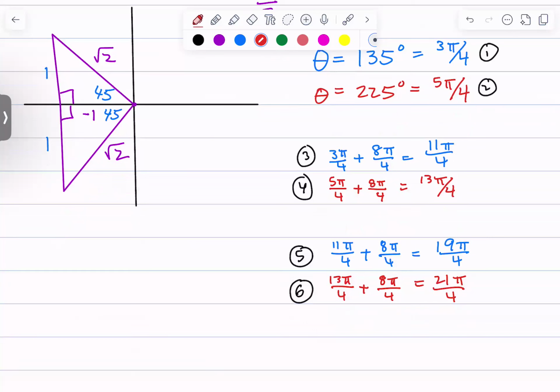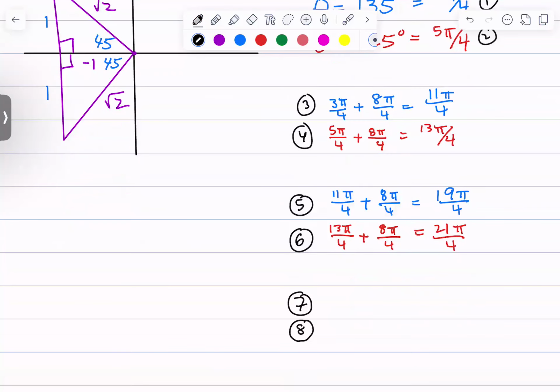I need 8. So I'm going to add another 2 pi. Let me just write it out. 19 pi over 4 plus 8 pi over 4, and then 21 pi plus 8 pi all over 4.